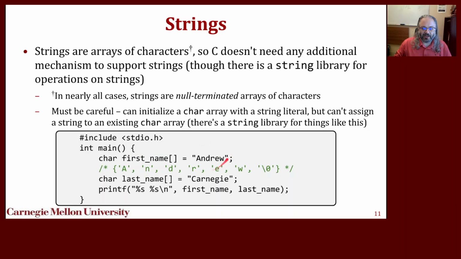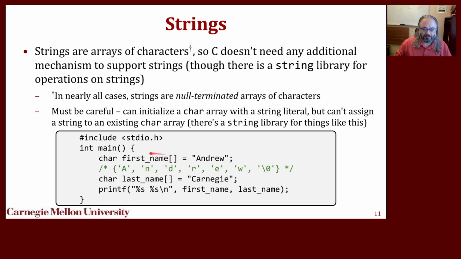So in this case, if we give it a string literal, which is a constant fixed string, meaning characters in quotation marks, we can initialize a character array using that string literal, and it will actually be the same as defining that as the characters A, N, D, R, E, W, and a null character.